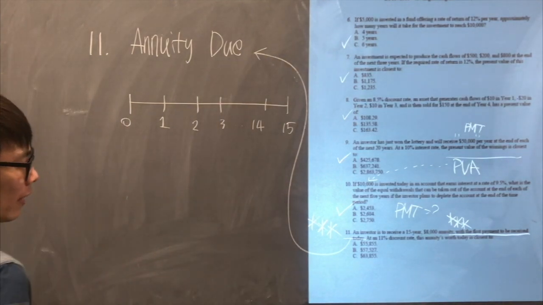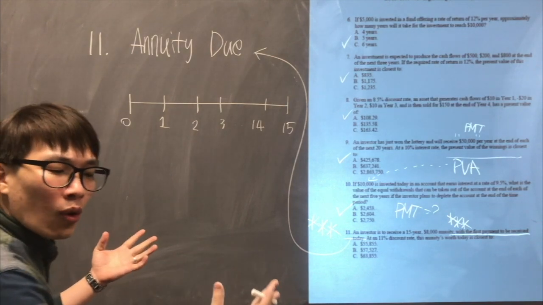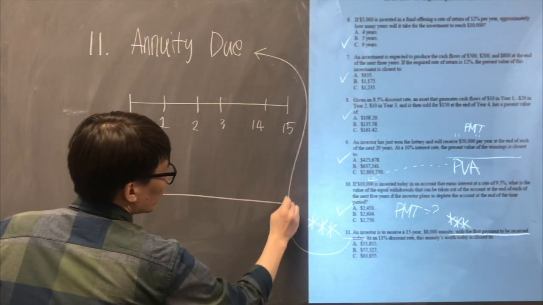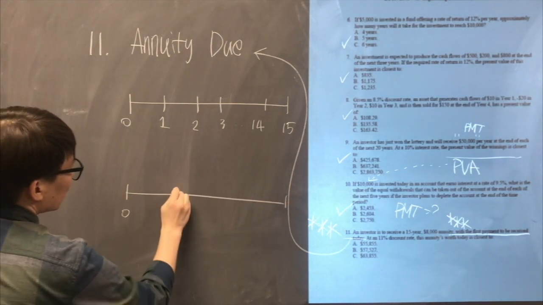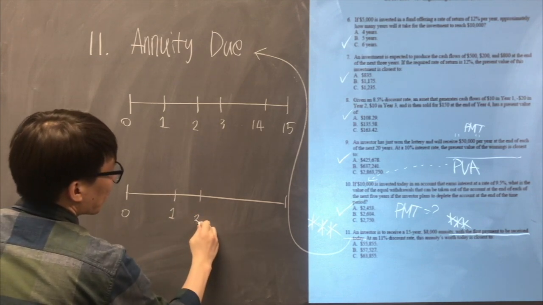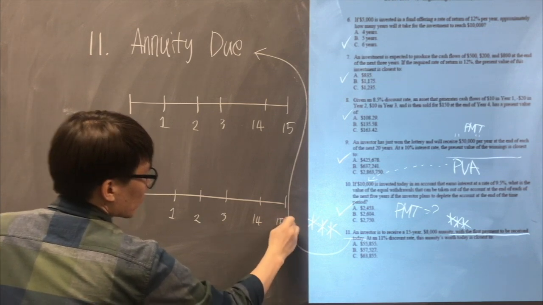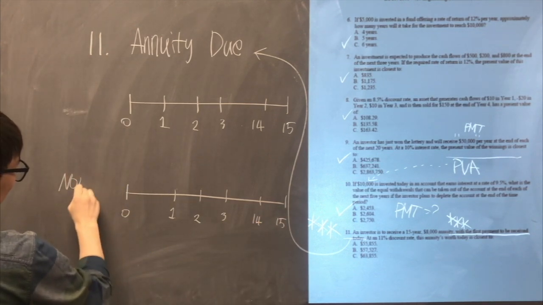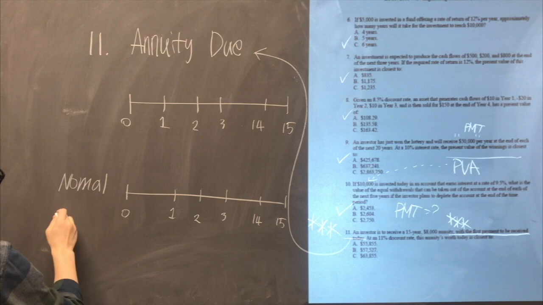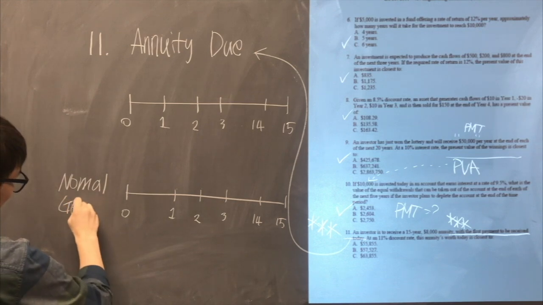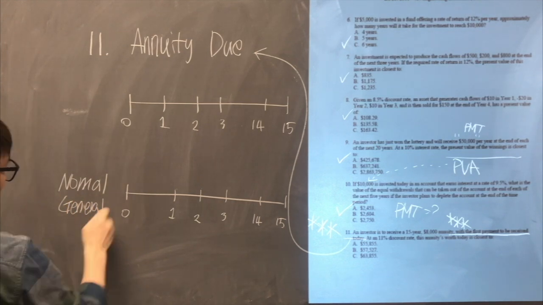What's the difference between annuity due and normal or general annuity? I'll show you. This is a normal case, the general annuity case.